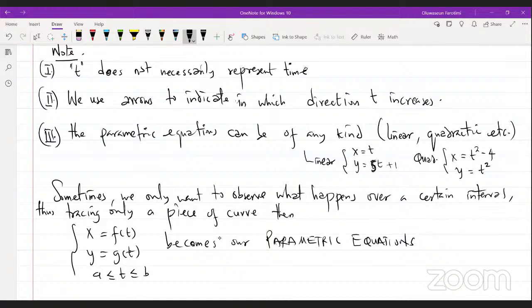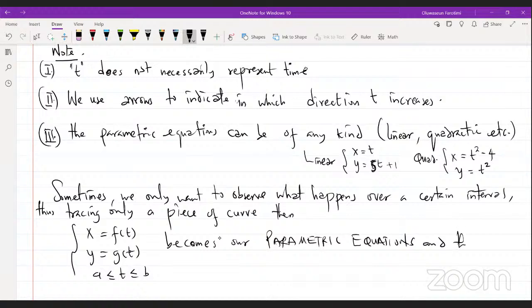Then this becomes our parametric equation: x equals f of t, y equals g of t, t between a and b.